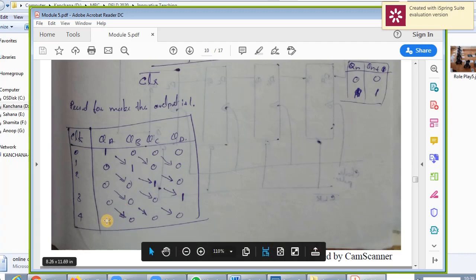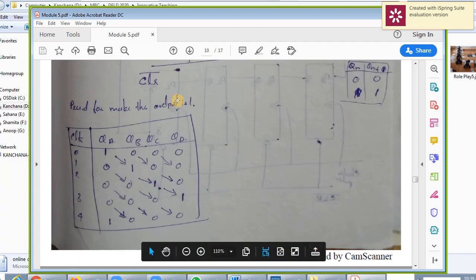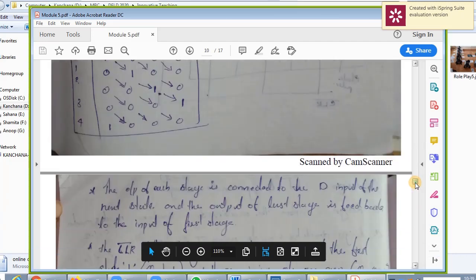Again it comes back to QA, then it will continue. So at a time, any one flip flop will be 1, in a ring manner, and the remaining flip flops become 0. So it will transfer like this: QA 1, QB 1, QC 1, QD 1, again QA 1. It is like a ring, the one goes around in a ring. So that it is called a ring counter.